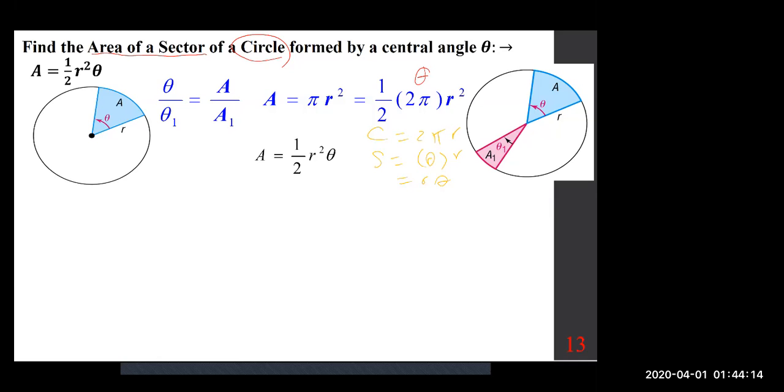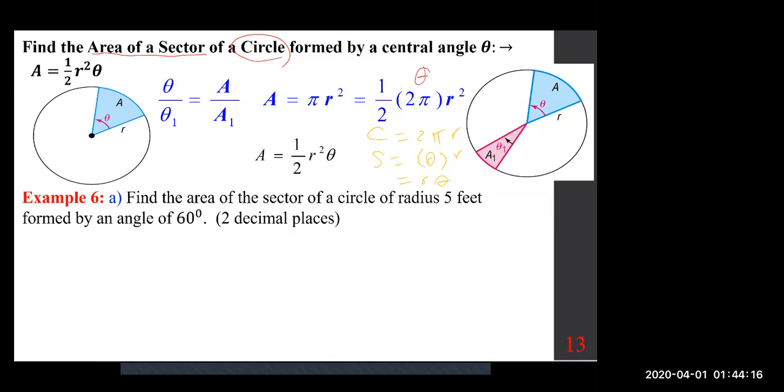In any event, here's a simple example. We want to find the area of the sector with a radius of 5 feet and a central angle of 60 degrees. Now we are looking at the formula at top, so I want to quickly go over that. The area is 1/2 r squared theta, where r is given as 5 feet and theta is given as 60 degrees.